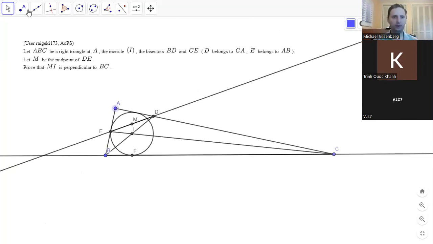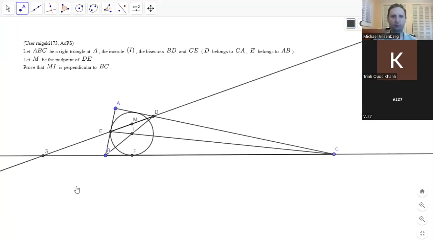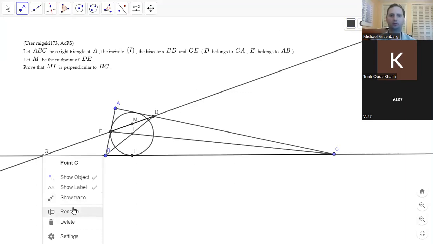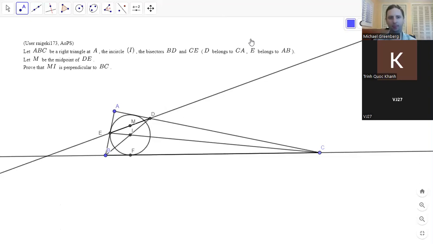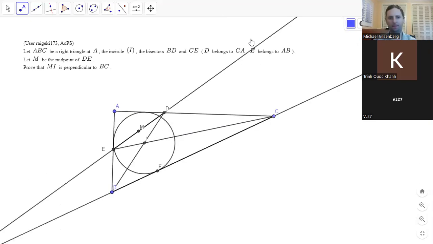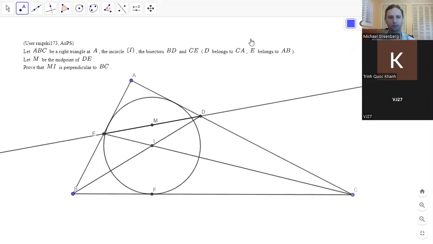So we let DE intersect BC at X, and then you're saying we want to show IX... well, that doesn't make sense. IX can't be parallel to DE. Oh, it's all right. Let me go back. Yeah, that point still might be useful later. We'll see.